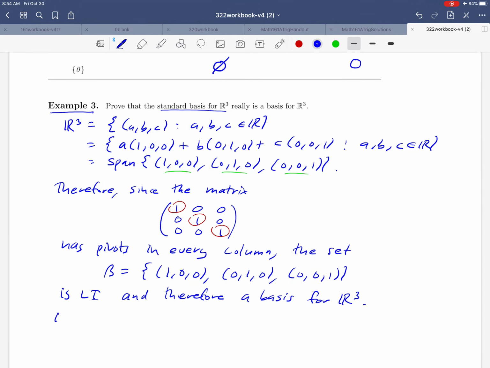Okay, and then just a comment. Notice that because there are 3 vectors in that basis, that also proves that the dimension of R3 is 3. All right.